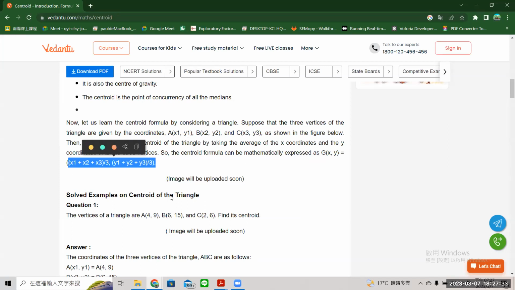For example, you sum the x values and divide by the sample size n. Here our sample size is 3. For the y side, you do the same: sum all the y values and divide by the sample size n. If you have n samples, you just extend the formula like this. That's the centroid of the samples.